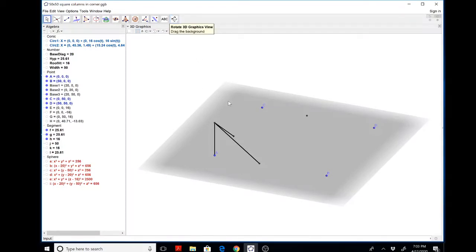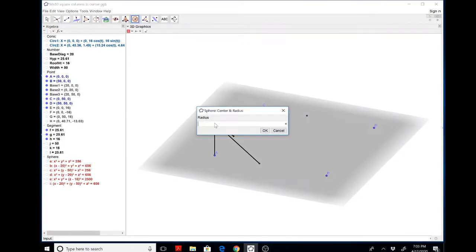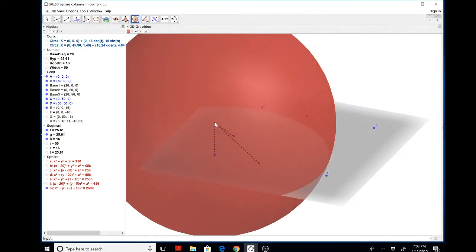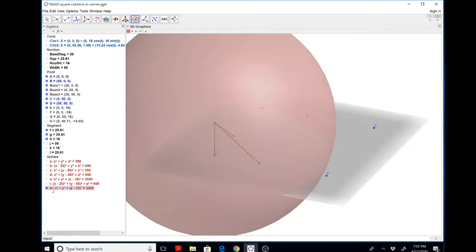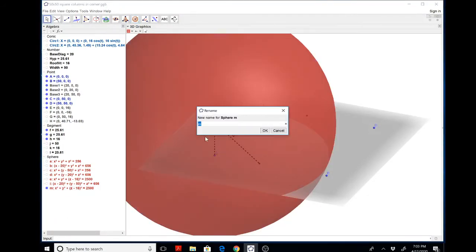Now I'm going to start adding a new sphere this way. So this sphere has to be 50, which is the width of my building. And that will start at this top here, and that will be width. Let me just hide that for a second. I'm going to rename that M50 so I remember what that one is.